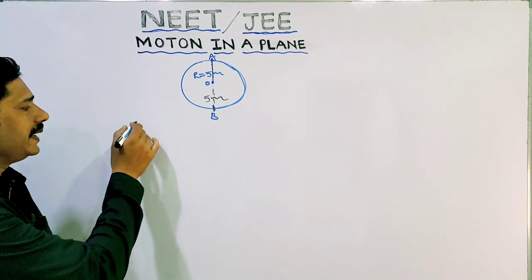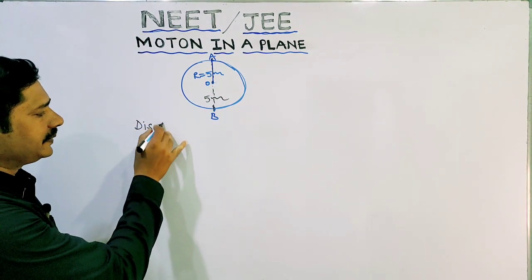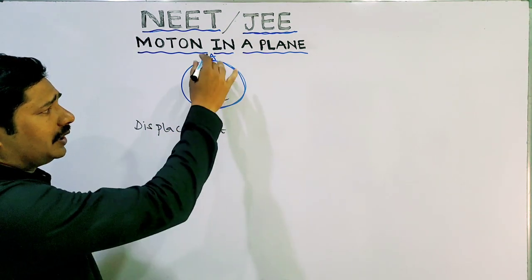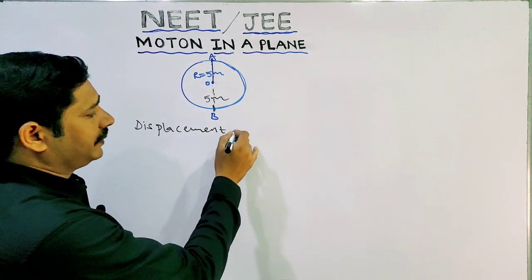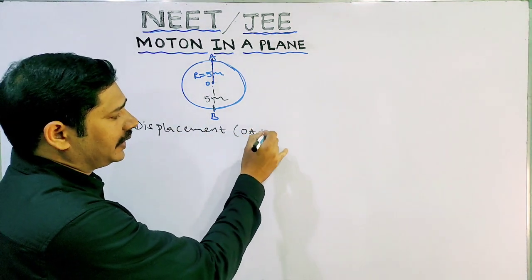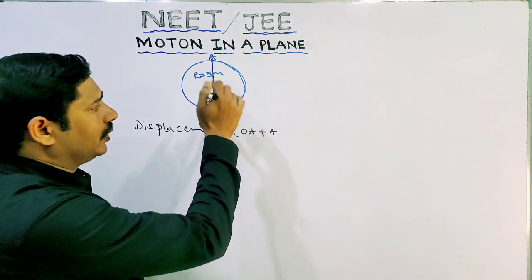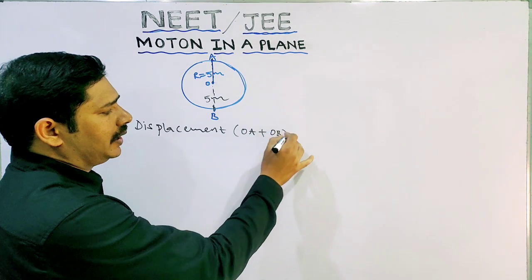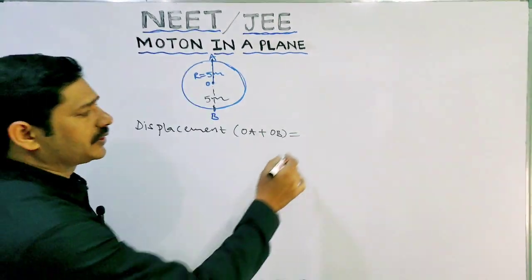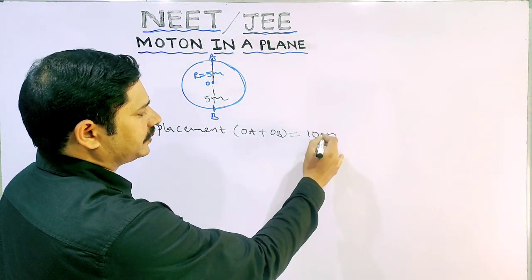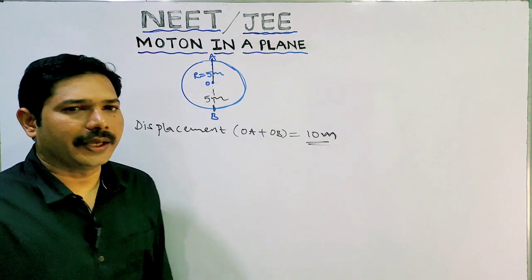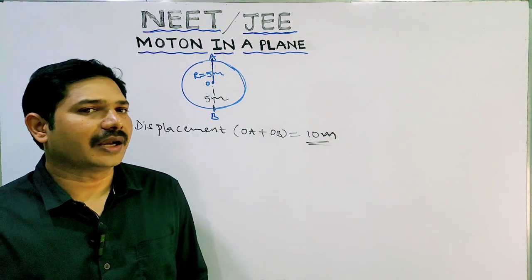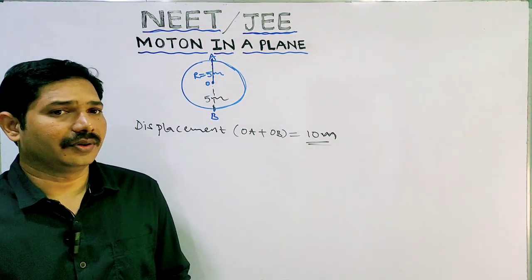So displacement, what can we take? The shortest path, OA plus OB. Here 5 meters plus 5 meters, total 10 meters. The displacement is 10 meters.